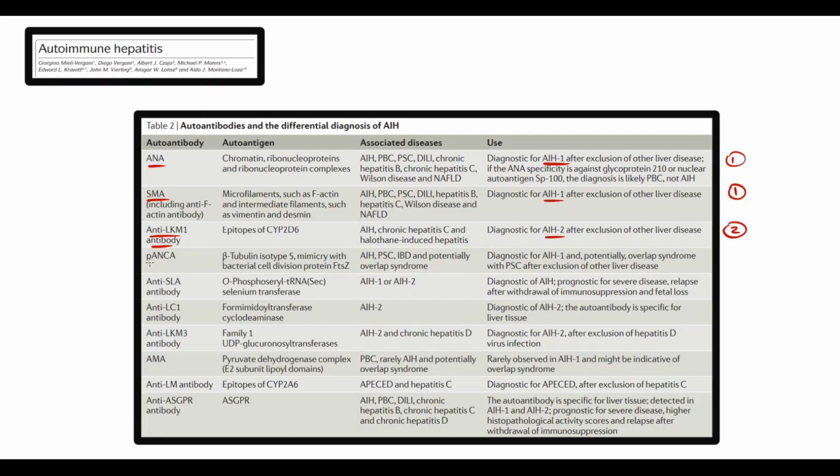Also, sometimes pANCA can be positive, but because pANCA is also present in primary sclerosing cholangitis, it's a non-specific marker. Antibodies against soluble liver antigen liver pancreas are also positive in both hepatitis type 1 and type 2.